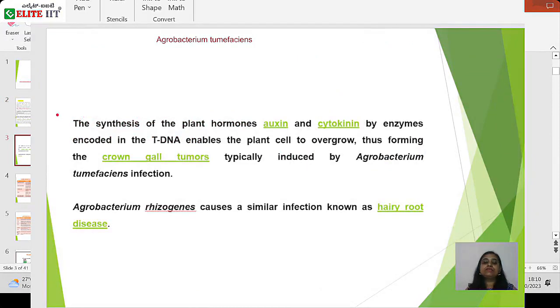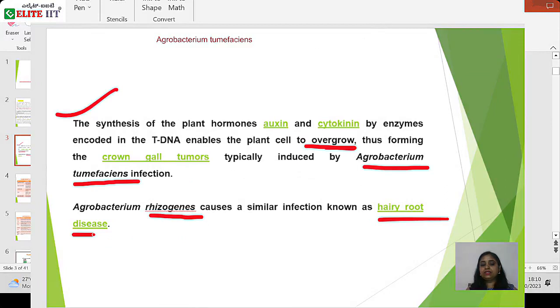The synthesis of the plant hormones auxin and cytokinin by enzymes encoded in the tDNA enables the plant cell to overgrow, thus forming crown gall tumors typically induced by Agrobacterium tumefaciens, whereas rhizogenes produces hairy root disease.